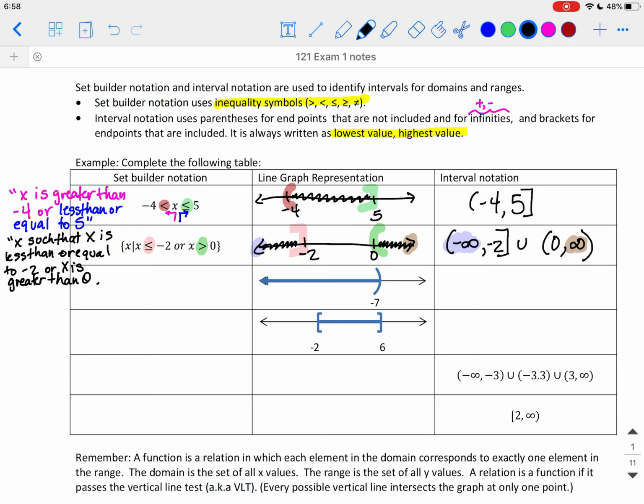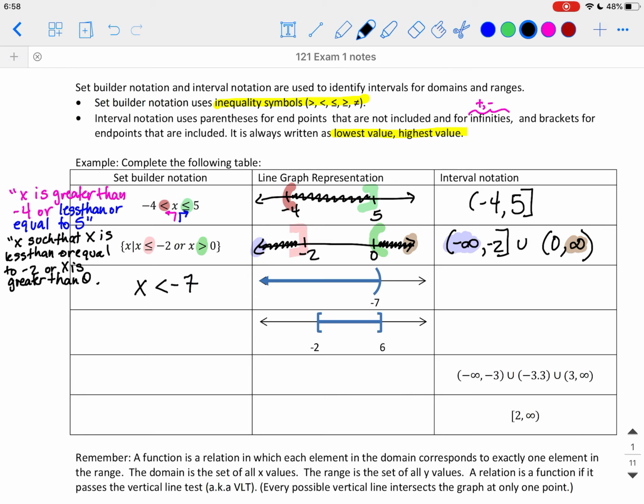Okay, so for the next one, we have a line graph representation. It's -7. It has a parenthesis, so we know it's not equal to. And it's shaded to the left. So this is going to be x has to be less than -7.